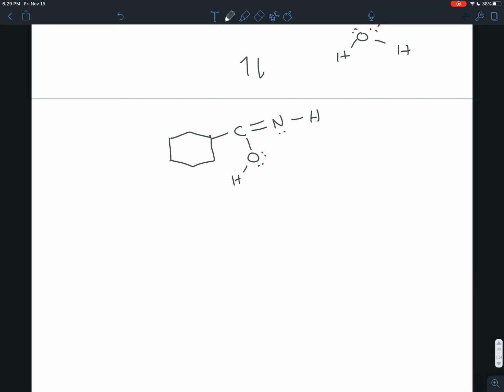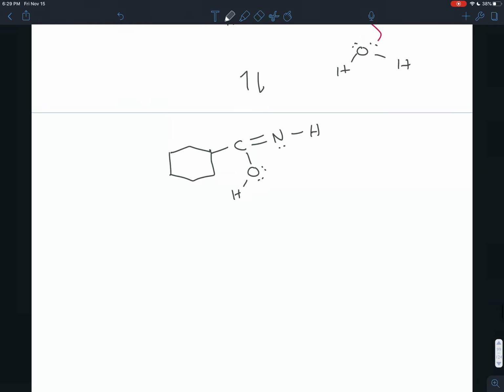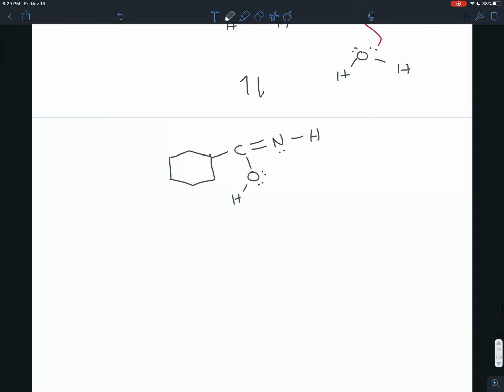Now, ultimately, we want to turn this into a carboxylic acid. In the end, you will see this slowly transform into the carbonyl oxygen of the carboxylic acid. But what we need first is to get rid of this nitrogen, and so that takes another acid catalyst.